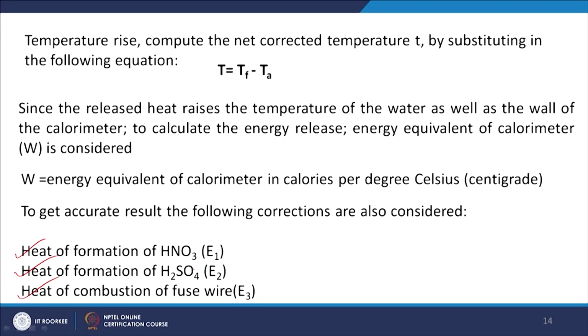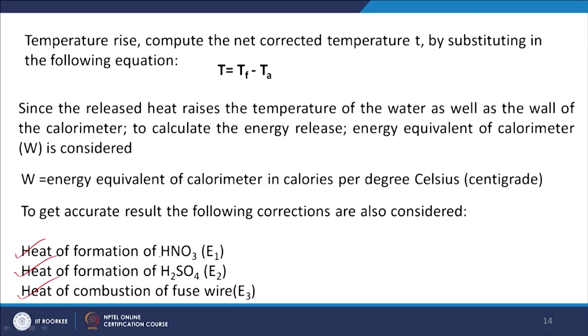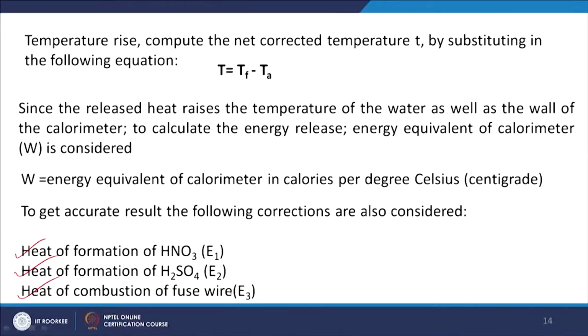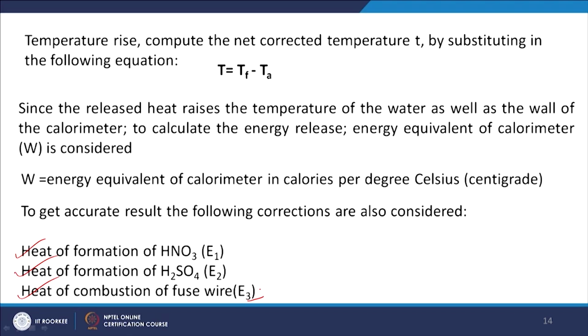This H2SO4, we basically measure from the presence of sulfur in the sample, and how much HNO3 heat can be released is measured on the basis of the acid titration value, the titer value, how much milliliter of NaOH, KOH or Na2CO3 is used. And the heat of combustion of fused wire is also determined, and the manufacturer of this instrument provides the E3 value or how to calculate the E3 value.